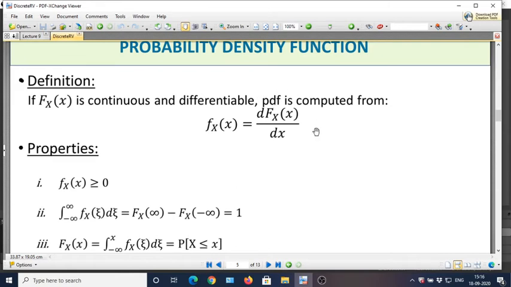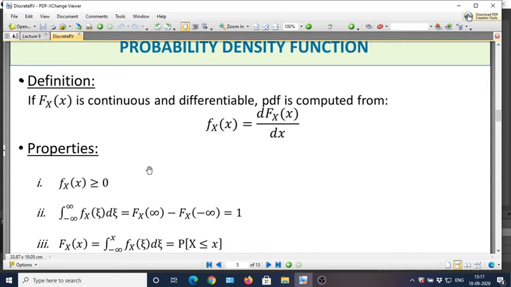So mostly in this course I will reserve the term cumulative distribution function to denote the capital Fx of x, and the probability density function to denote a function of this type. We will rarely use the term probability distribution to avoid any such confusions.